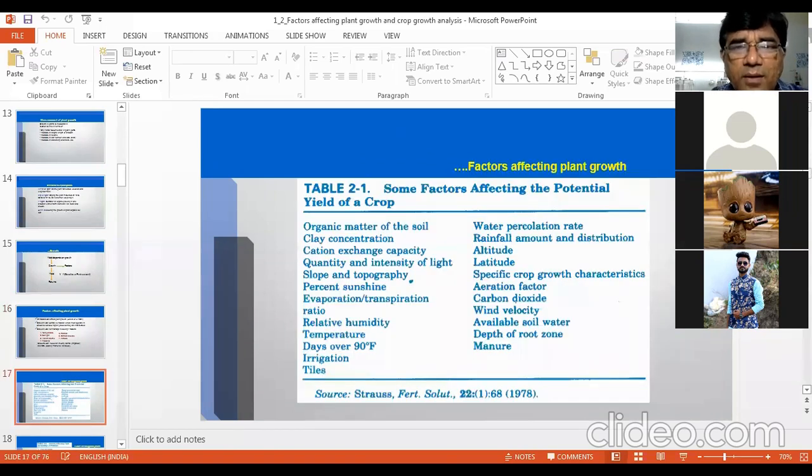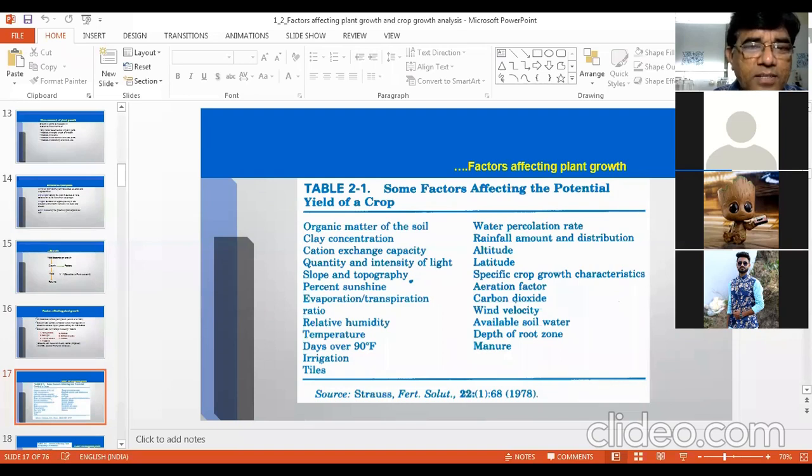Now you see, different people have given differing lists of factors. Strauss has given a variety of factors that affect the potential yield of a crop, like certain soil factors: organic matter of the soil, clay content, cation exchange capacity.